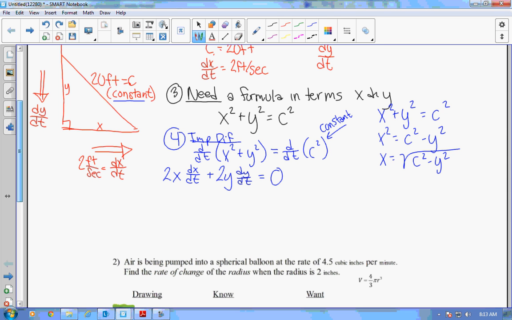Now we can replace our x with this guy, so we're all in terms of one variable. Two times root c squared minus y squared dx dt plus 2y dy dt equals 0.